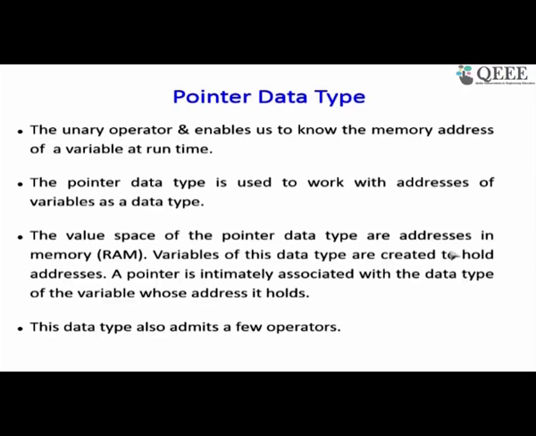I said a data type must have a value space, a set of values, and it must have operations. So the values of a pointer data type are addresses. So therefore, if you have a 1 terabyte RAM, then byte 0 to the last byte are all values of your pointer data type, and the operations we'll see in a short while.